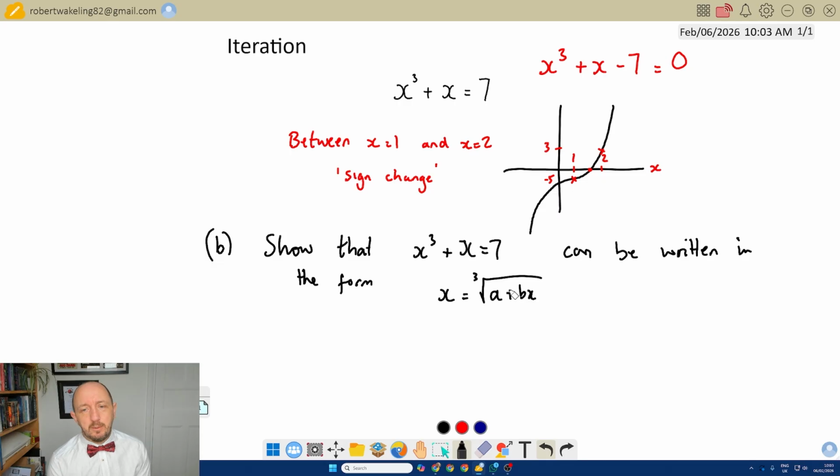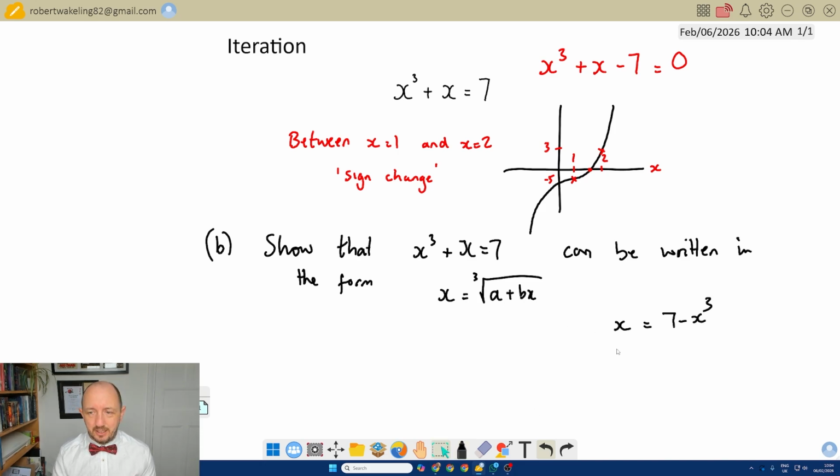So when we do this, we're doing a rearrangement to try to match this form. Okay, so if I rearrange this, it would look something like this. It's just an example. I could rearrange to make this one the subject, or I can make this x the subject. If I choose the second x, it will just be 7 minus x cubed, which isn't this.